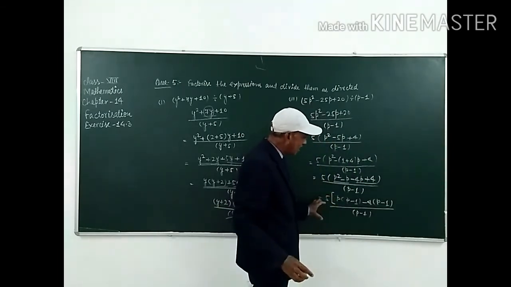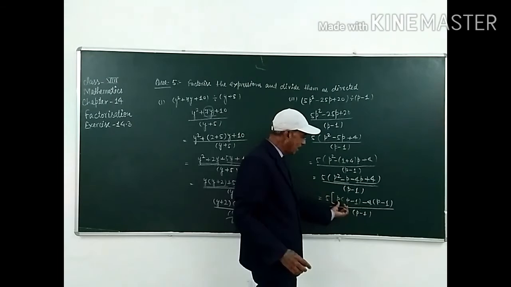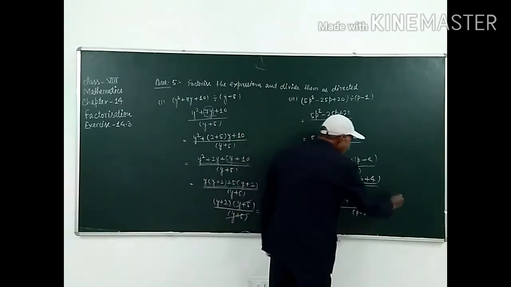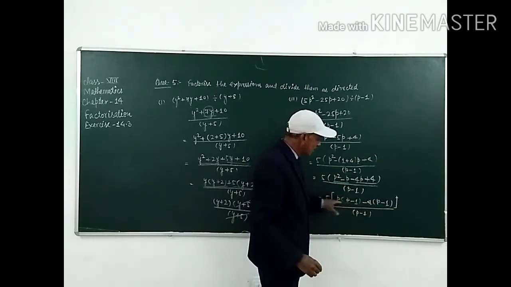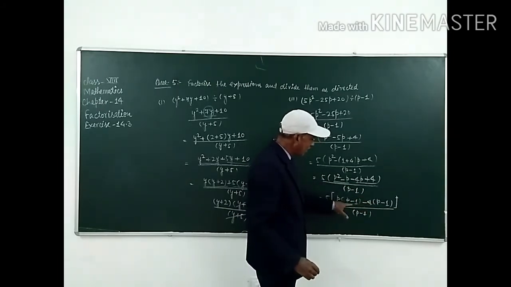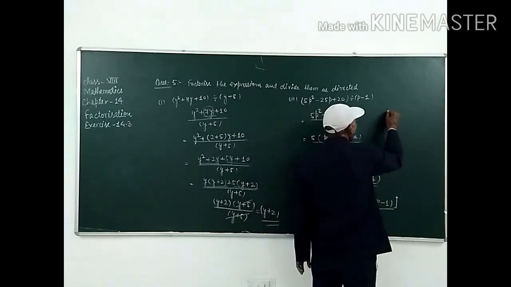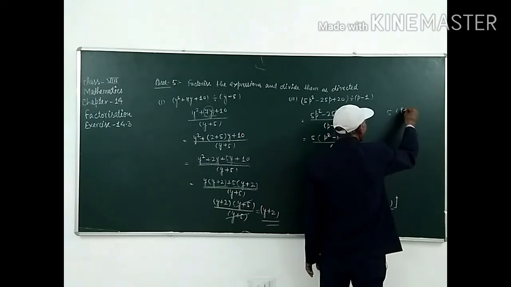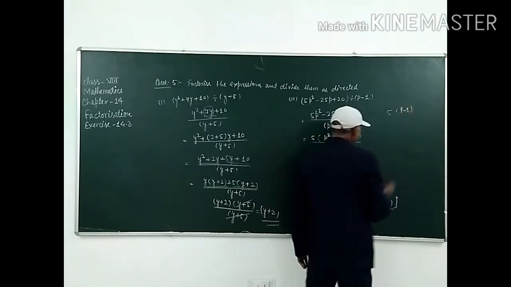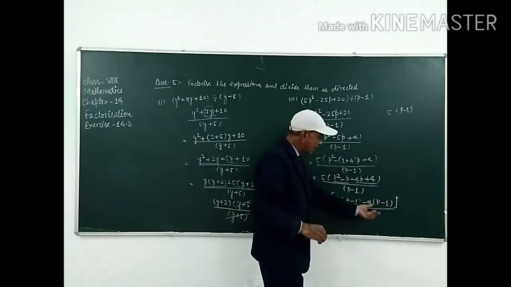Now, in this part we have to take common, which is in the bracket, student. So, in this expression we have p minus 1 as common. So, this one 5 into p minus 1, we have taken p minus 1 as common.